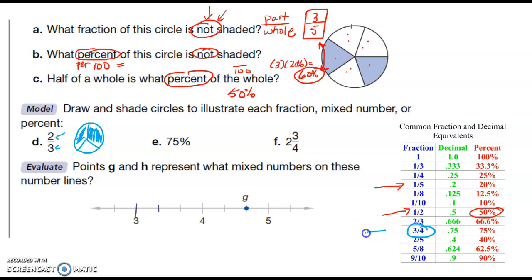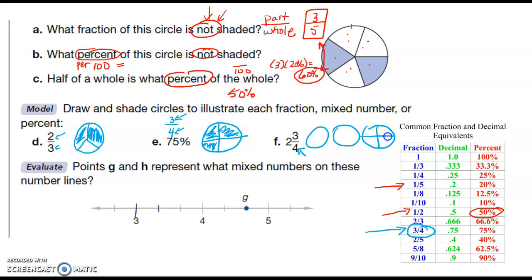So that's 3/4 as a fraction. So I have a circle that has 4 total parts, and then 3 of those parts are shaded. And then this last one, I have 2 whole circles that are shaded because it's 2 3/4. And then the very last one is cut into 4 total parts, and 3 are going to be shaded. So let me shade these 2.